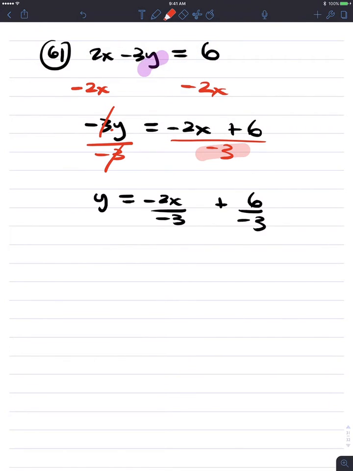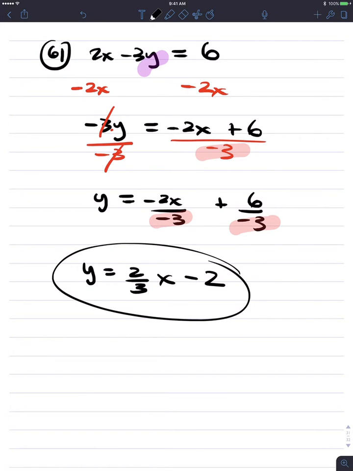Notice, negative 3 is dividing both terms. We end up with negative over negative, which is a positive, positive 2/3 x. Positive divided by negative is a negative. And you're done.